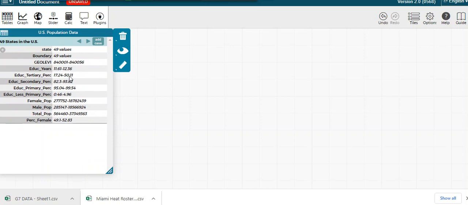You have education tertiary, secondary, primary, and less primary. Let me define for you what's going on. Primary is basically elementary and middle school. Secondary would be considered high school. And then tertiary is going to be anything above high school, anything college and up.